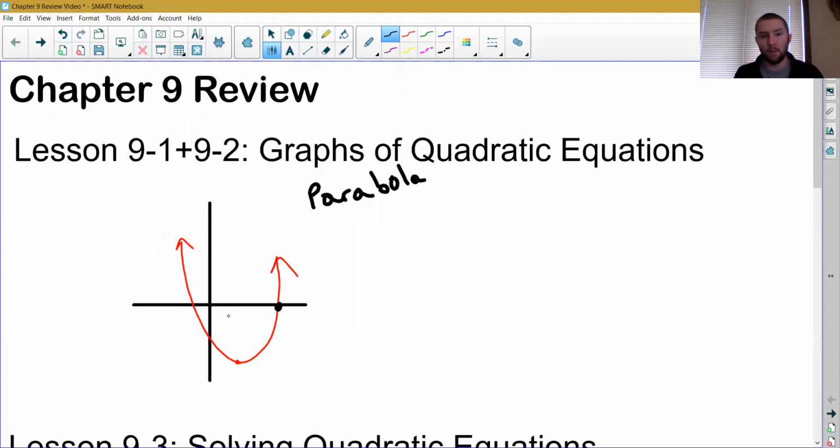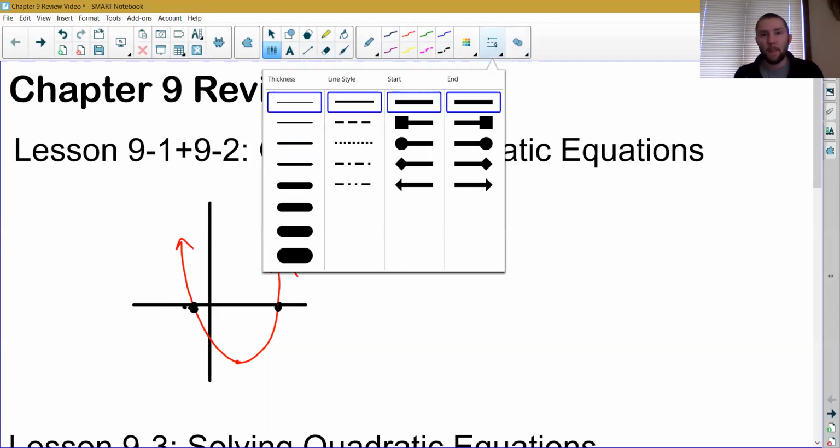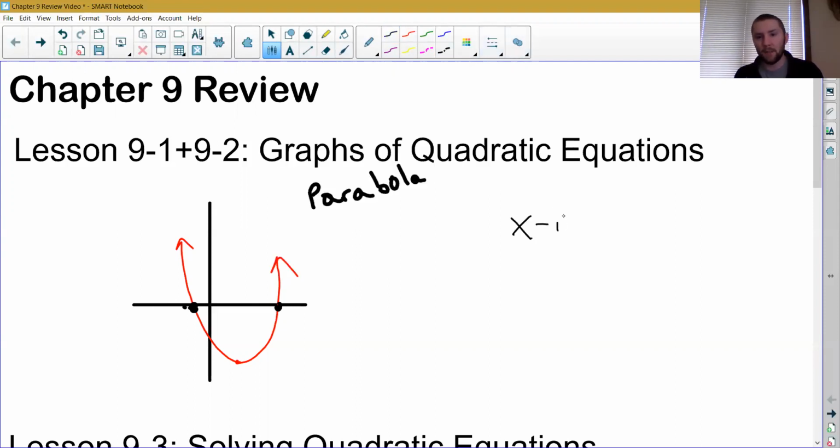The key thing to remember, and the only thing that I really care about you remembering from this section, is the idea that x-intercepts, meaning where the graph crosses the x-axis, are solutions to the equation.